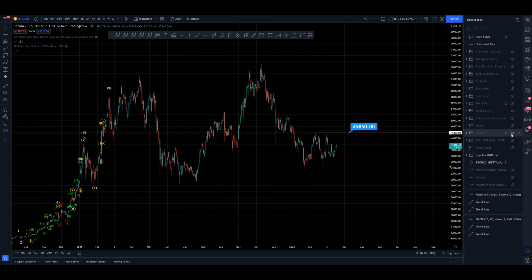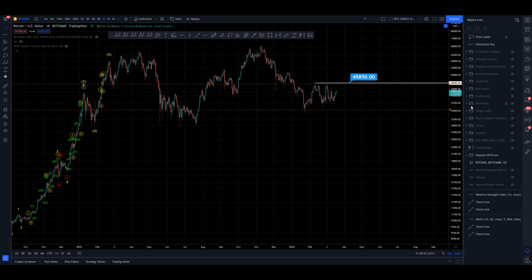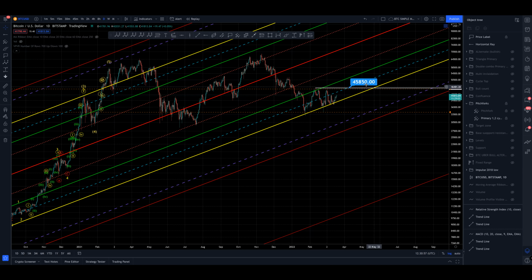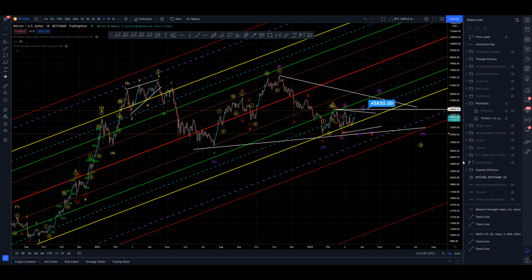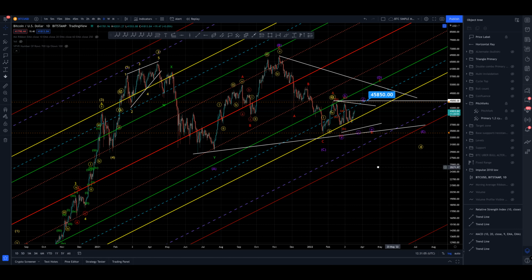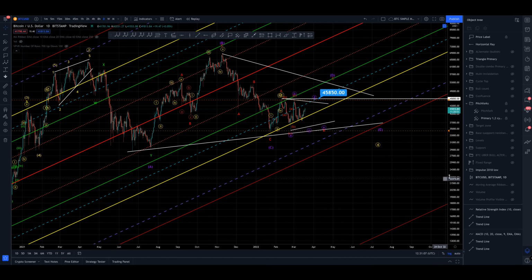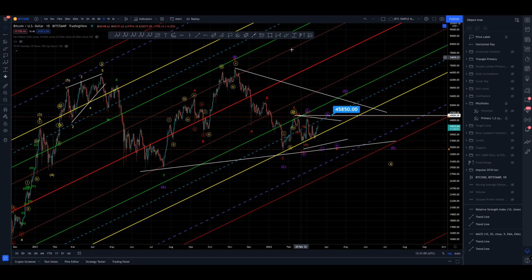Now let's just have another quick look, in log scale for a moment, at that long-term pitchfork, which I'm very fond of. And now let's have a look at our triangle pattern inside of this triangle primary. Okay, now as you can see, there's plenty of room in here to start touching these levels again.